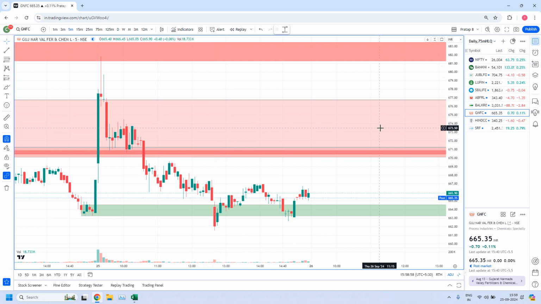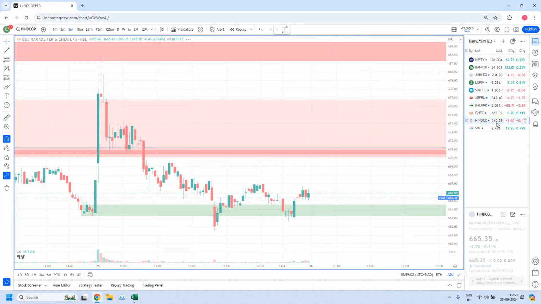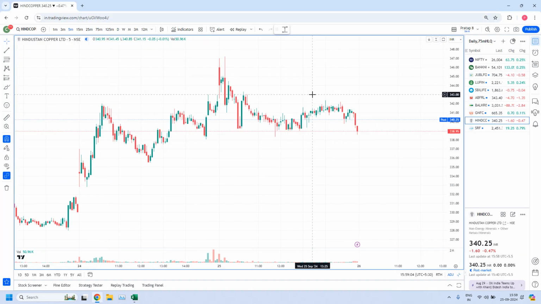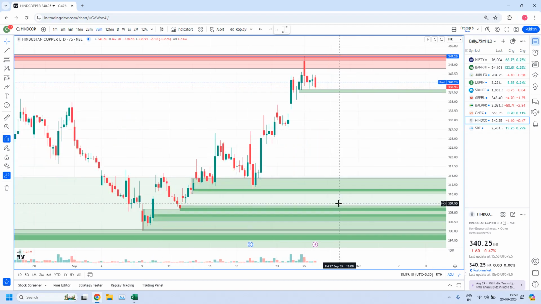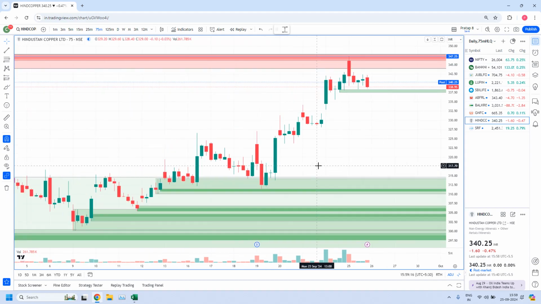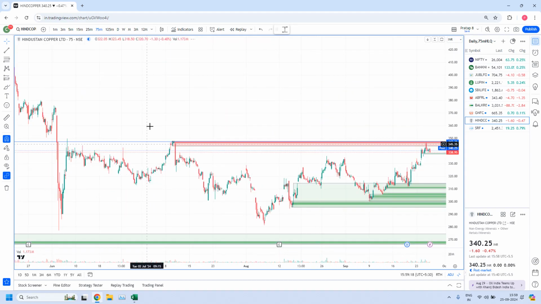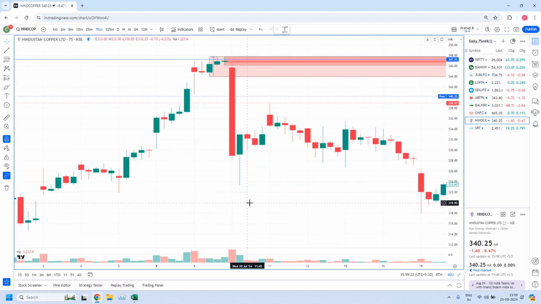Next one is Hindustan Copper. This is also a 75 minutes high liquidity supply zone, at 75 minutes time frame.